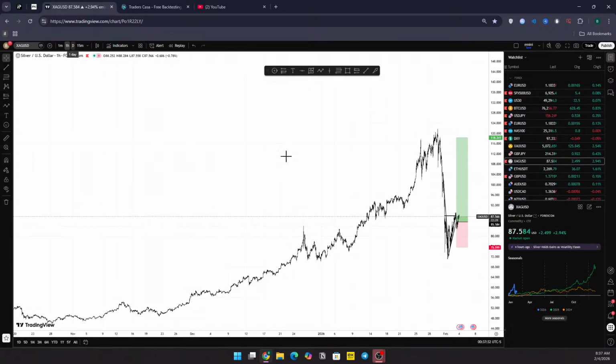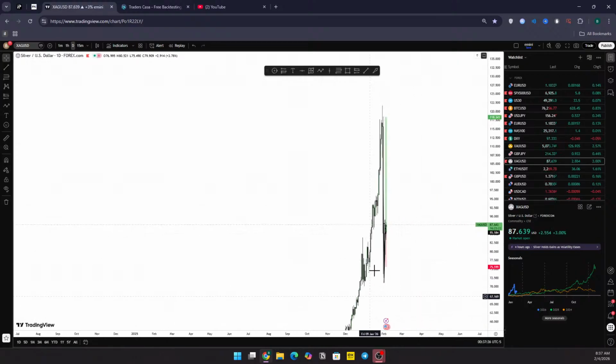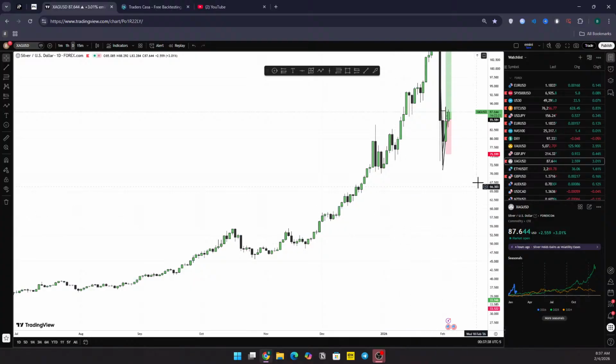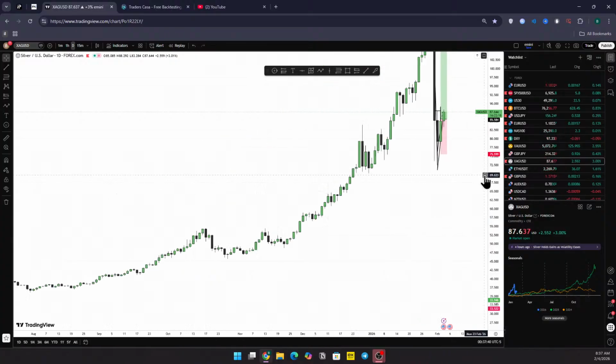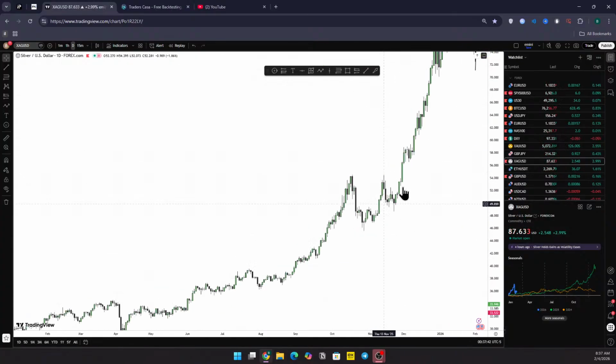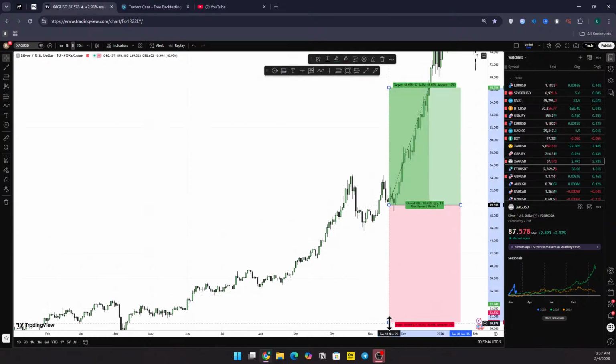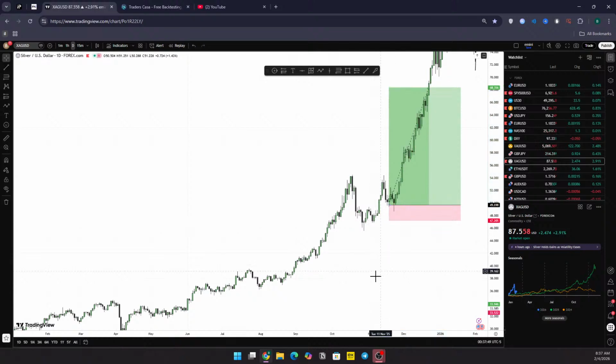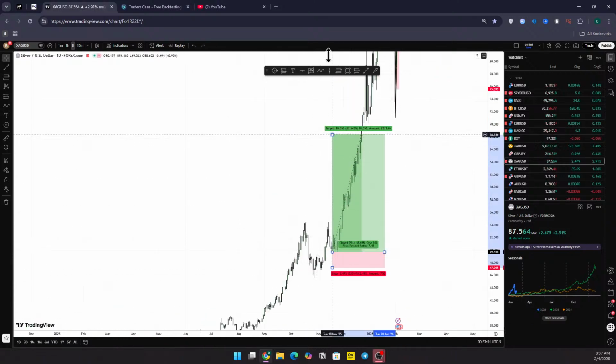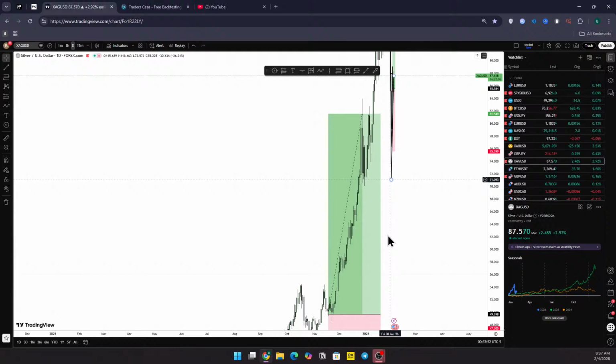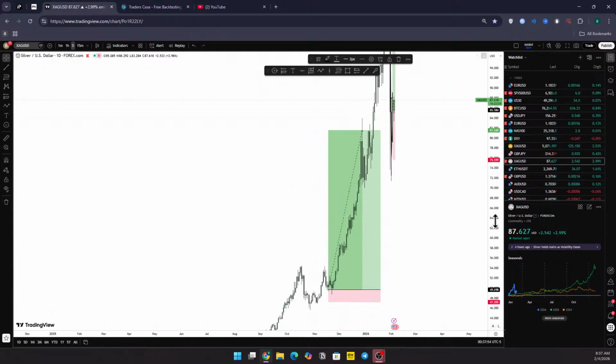I think he entered the trade around 1 to 18. I think he entered a long position here, putting his stop loss around there, guys. He entered this position and he still didn't close it.